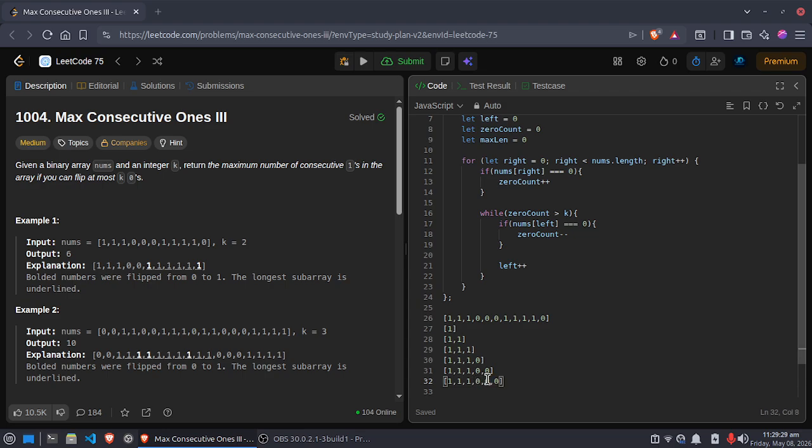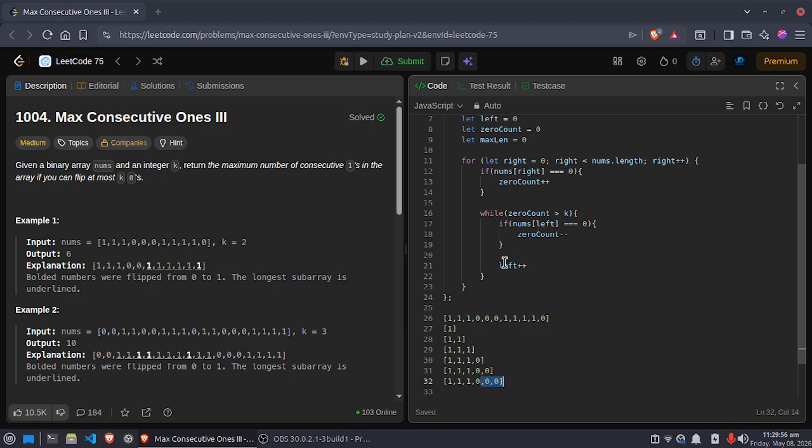So now I have to remove a 0 from the left side, from the starting index. For that we make zeroCount minus minus and left plus plus. So if nums of left is equal to 0, I just reach this index, means 1 1 1 0 I just pass, and I reach this highlighted 0.